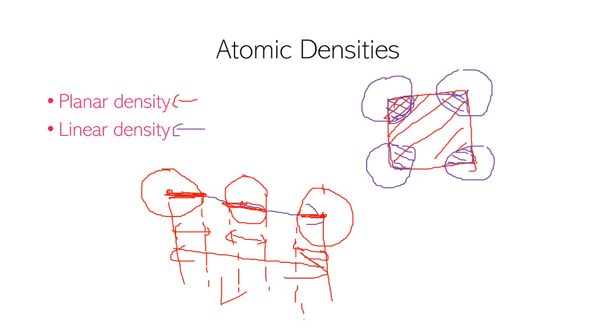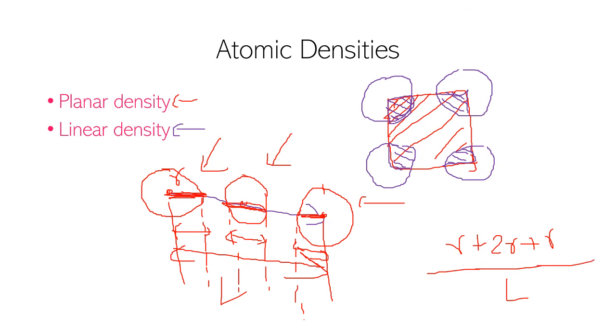If capital L is the length, and the atomic radius is small r and the diameter is twice r, then the radius of this atom plus the diameter of that atom, as all atoms are of the same size, plus the radius of this atom is occupied by the atoms, and this is the formula for linear density.